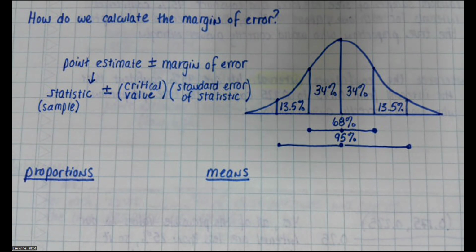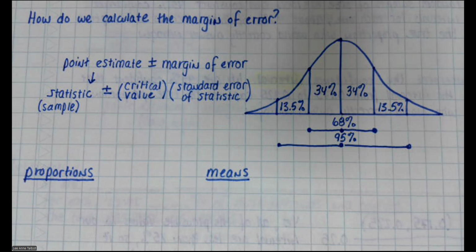You have the middle point estimate, number in the middle, plus or minus some number of standard deviations. In this little interval here, this is one standard deviation. You see how I went out one spot on either side. And on this interval here, it went out two standard deviations. The standard deviation is going to be different for every problem.